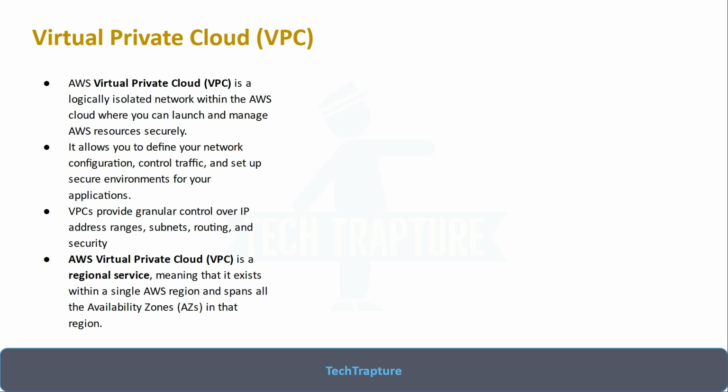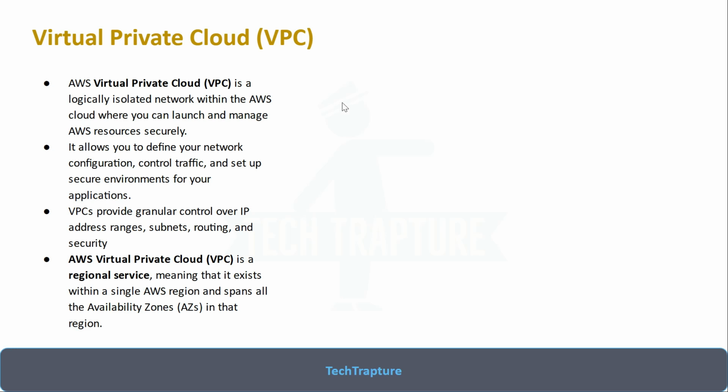For all this you need a network, because AWS is Amazon Web Services, and cloud is nothing but services which can be accessed over the internet. You cannot keep your physical network on the cloud. You have to create a virtual private network. This is your virtual private cloud.